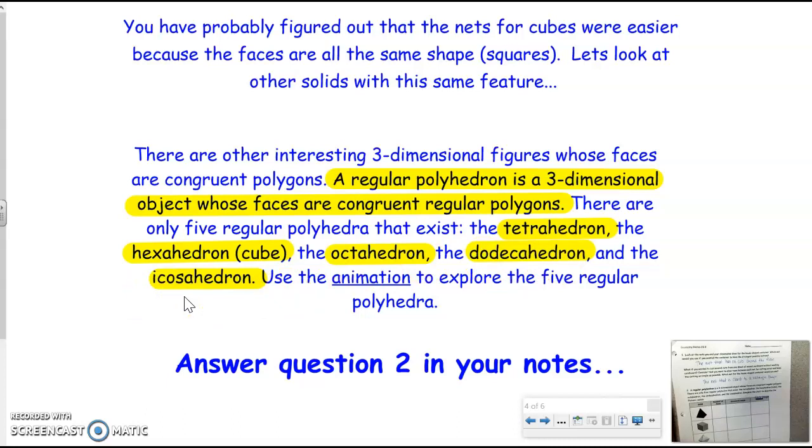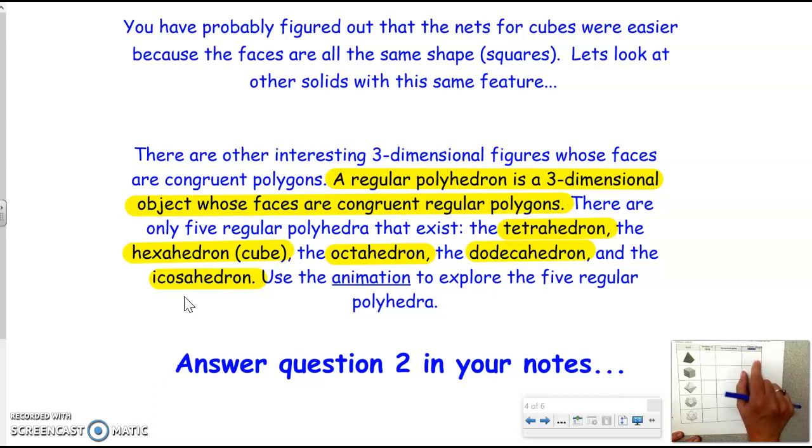We're going to go through the animations and fill out this chart in your notes as we go. Real quick, where it says element, we're going to change that to face shape, and I'll explain that when we get to it.